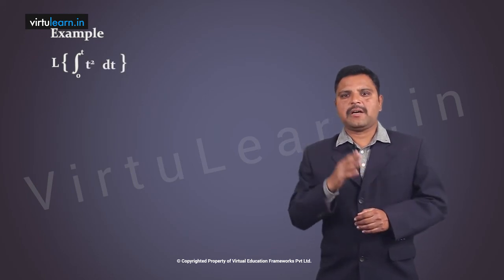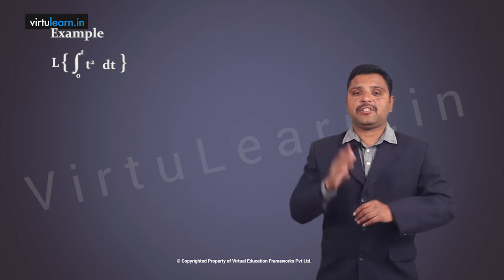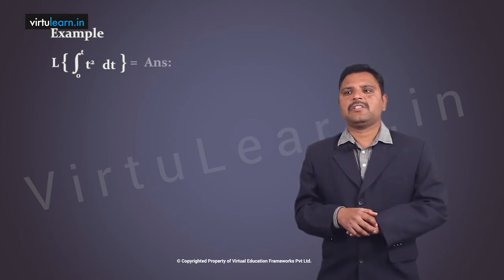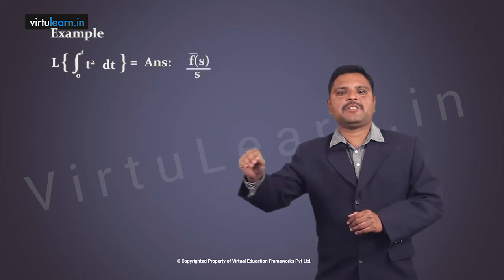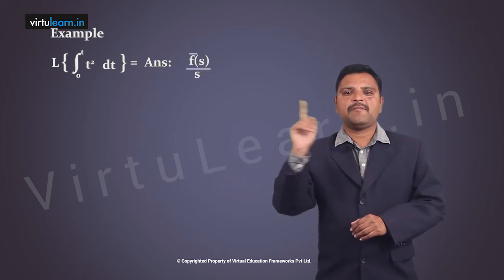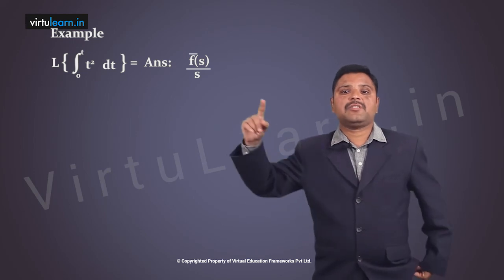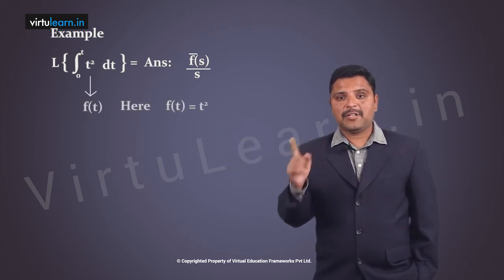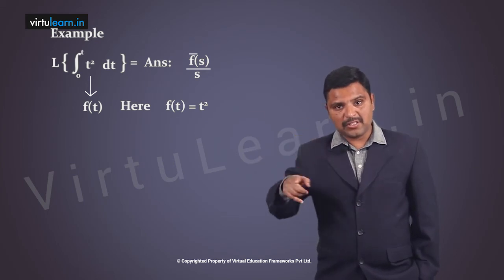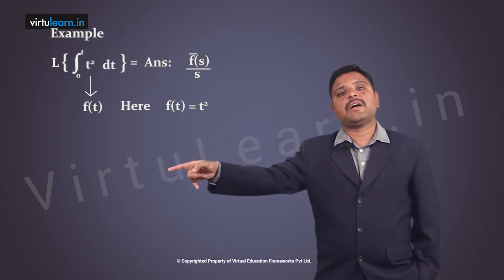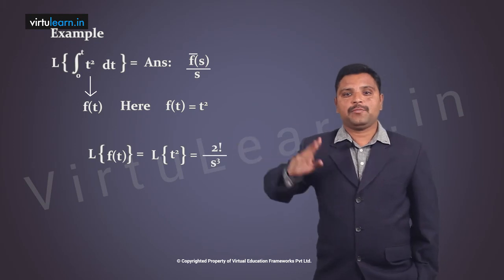Observe this example. There is no need to do the integration; the answer is directly f bar of s by s. What is f bar of s here? Laplace transform of f of t, which means the Laplace transform of t square. What is the formula? 2 factorial by s cube.